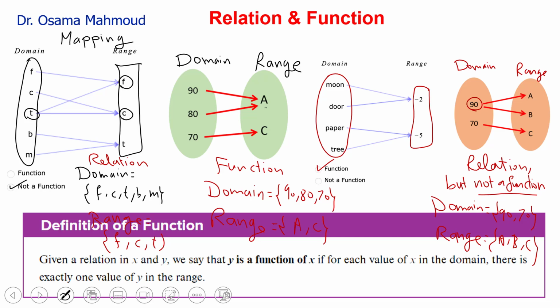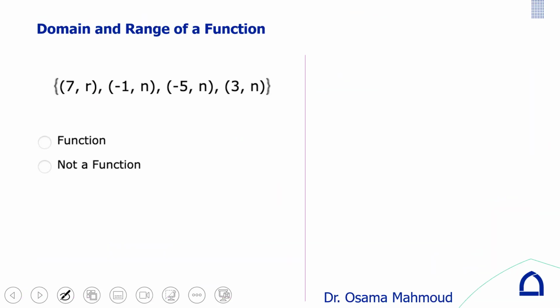Again, just to be very specific, a relation in x and y is a function if for each value of x in the domain there is exactly one value of y in the range. Now, is this a function or not?